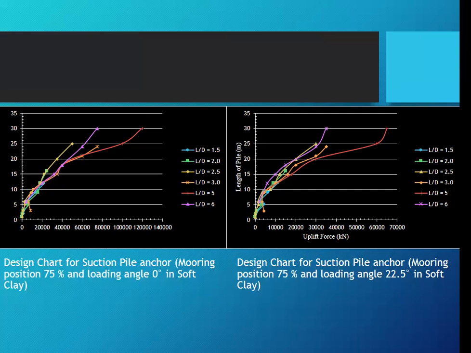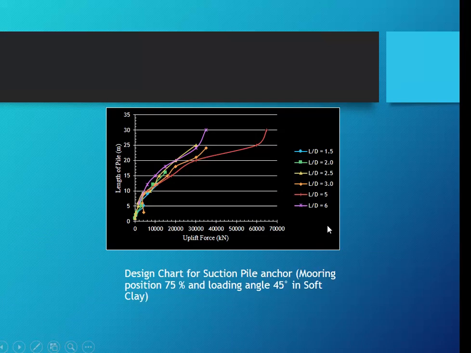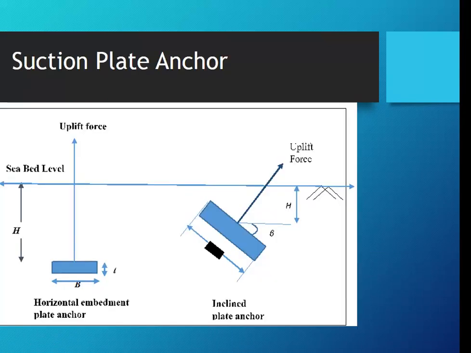So anybody who wants to evaluate the uplift capacity of a pile for a particular dimension of pile can directly take it from these design charts. So these are all the charts I have designed.